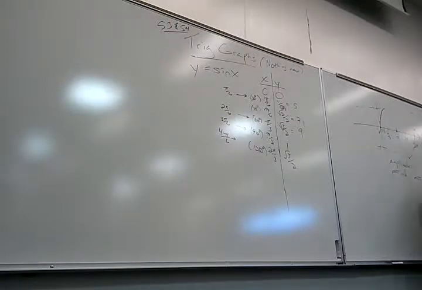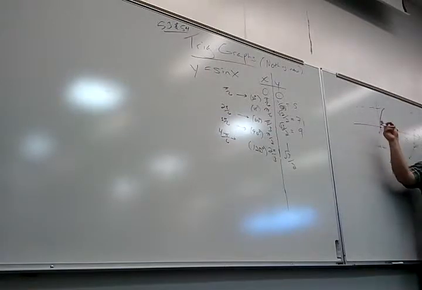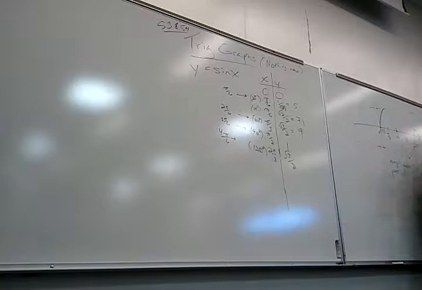So let's see if we can do this without the aid of a table. It's going to start at 1 instead of starting at 0. It starts at 1 as an output, whereas sine started at 0 as an output.